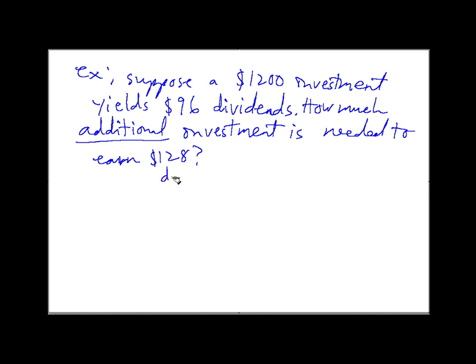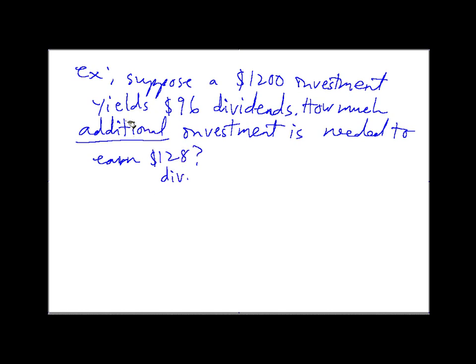Here's the key word: additional. So if I put in $1,200, that'll give me $96 in dividends, basically interest here, right? How much additional investment do I need if I want to make $128 in dividends?